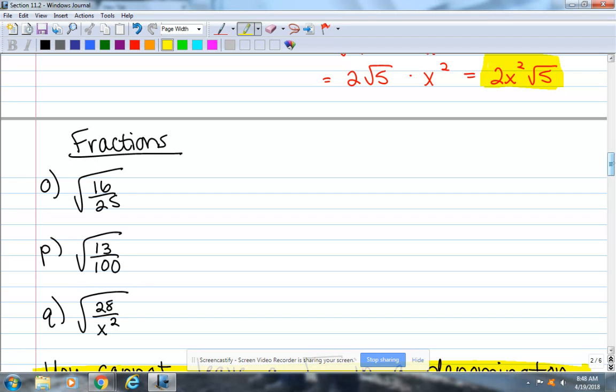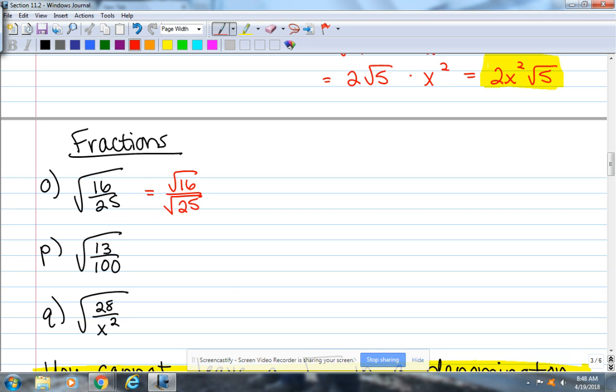So, square root of a fraction. If you're taking the square root of a whole entire fraction, then what you want to do first is give the numerator and the denominator their own radical. Okay? So that means this is the square root of 16 divided by the square root of 25. And what's special about those two numbers?